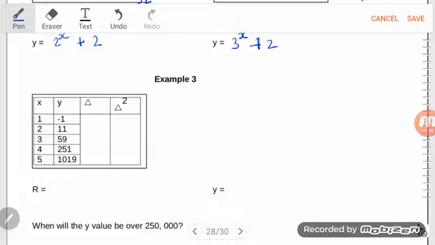Okay, third example. We've got -1 to 11, so our difference is 12. First difference. 59 minus 11 should be 48.